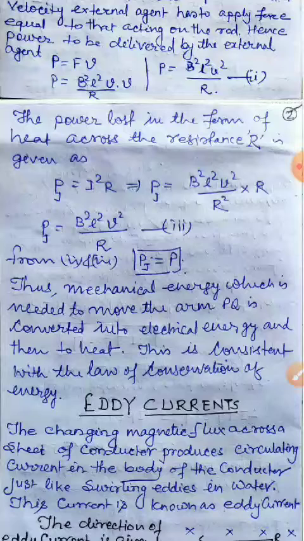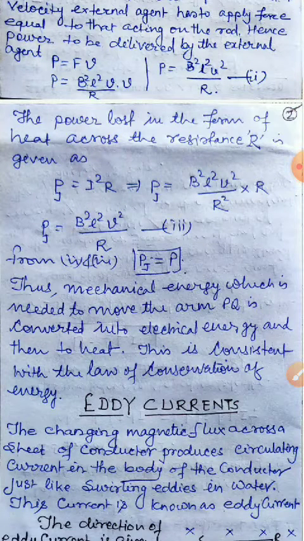The mechanical energy which is needed to move the rod PQ with constant velocity gets converted into electrical energy, which finally appears in the form of heat, and this conversion is consistent with the law of conservation of energy.